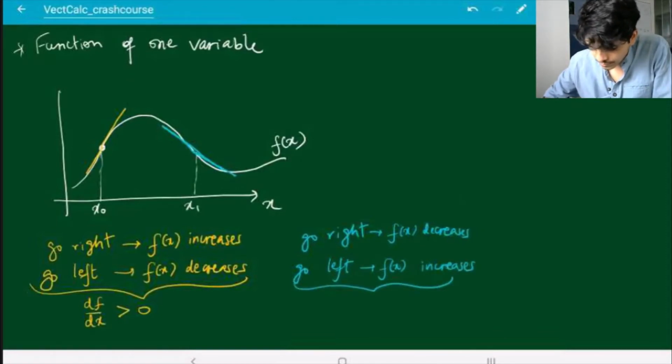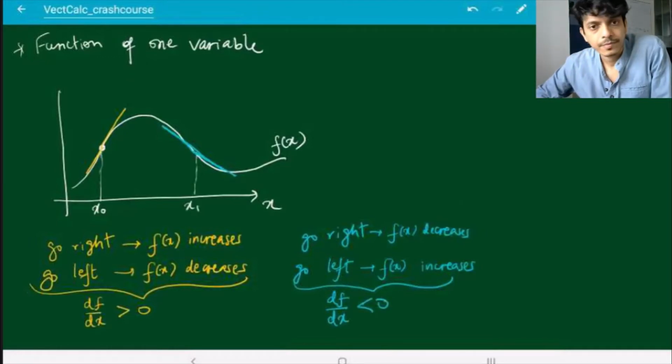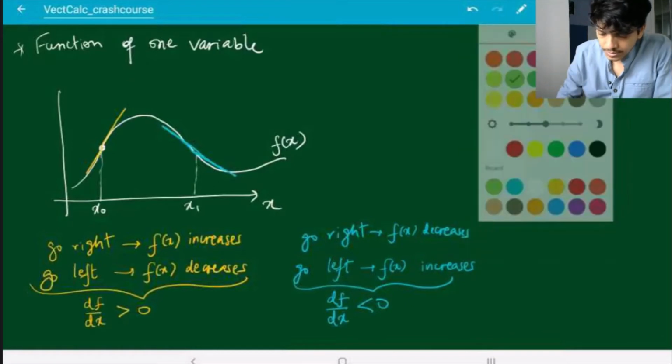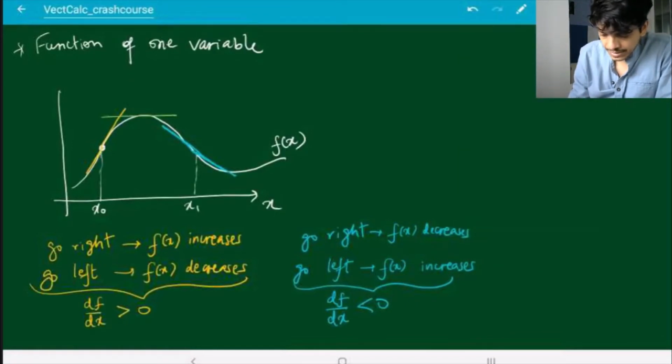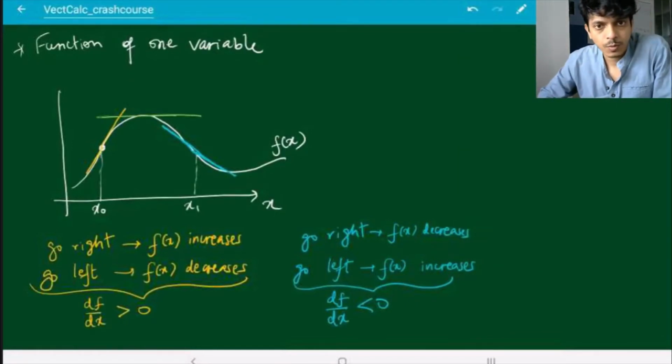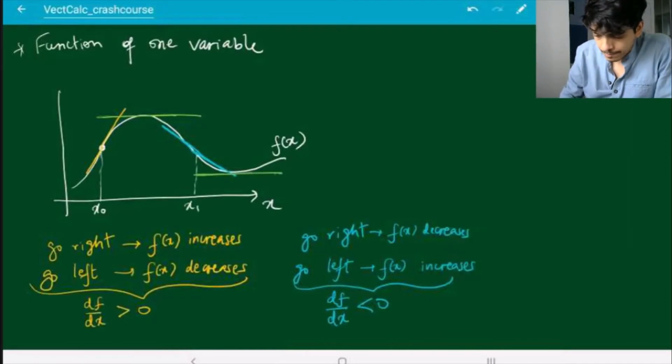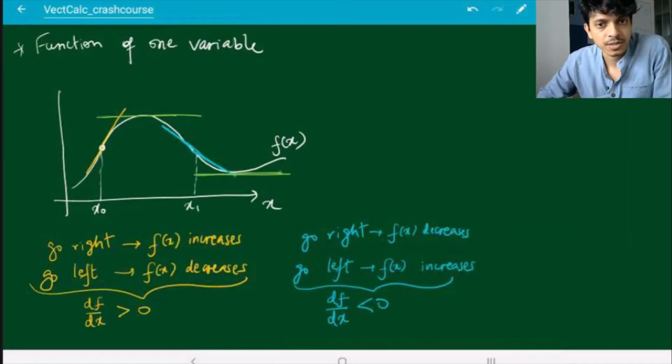And these are both ways of saying that the slope of the tangent, or the derivative of the function over here, is negative. And then of course there will be some points where the derivative will be exactly 0, and those are what we call maxima and minima, because over there the function is not changing, so the derivative becomes 0.